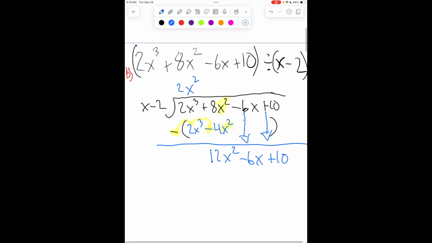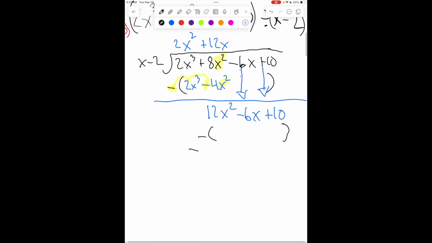And now I'm on to my next term, and I'm going to say, okay, what can I multiply x minus 2 by to get 12x squared? Well, I know that I could multiply it by 12x. So again, use my subtraction sign here. Perfect. All right.